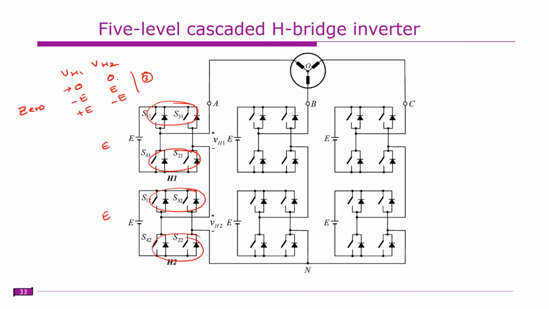So to obtain one specific voltage level, for example 0 voltage, several combinations are there. These combinations are known as switching redundancy. Meaning, to obtain one voltage level, you have several options. In other words, we have several paths to obtain one voltage level.